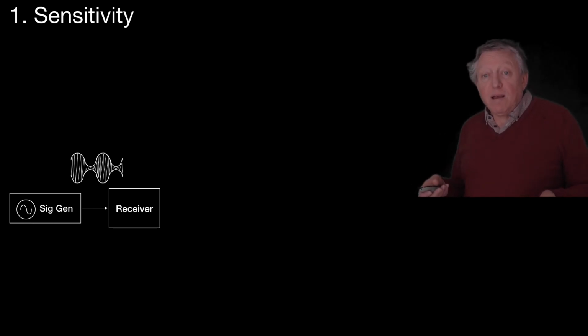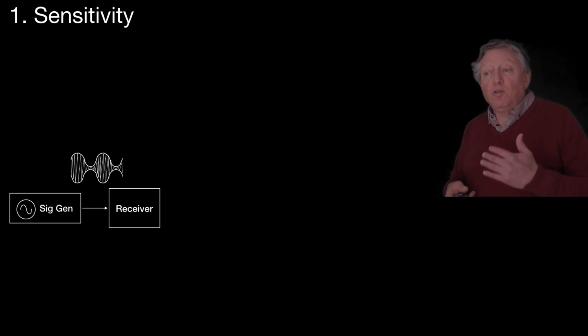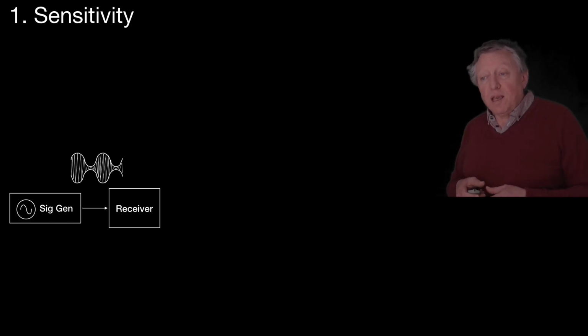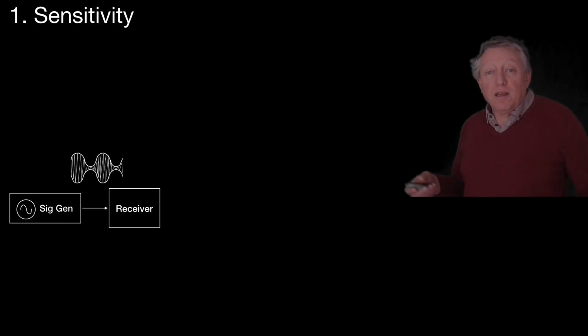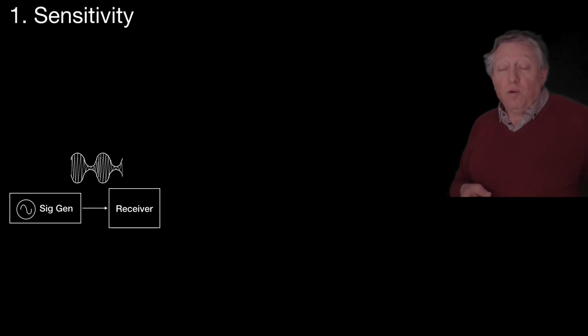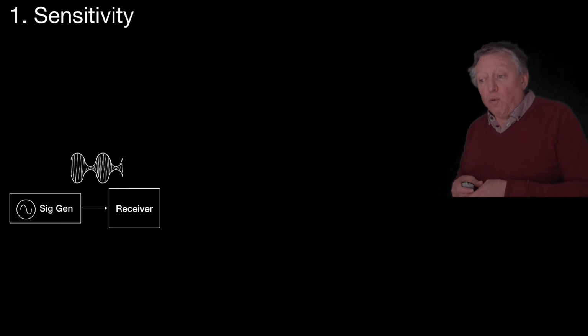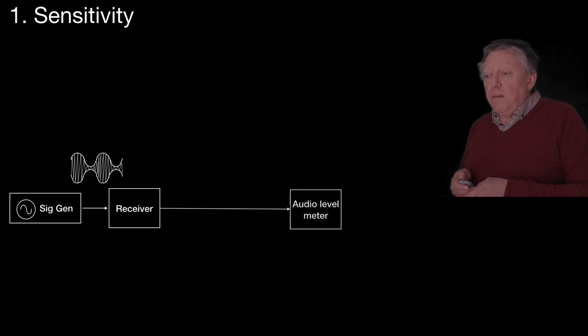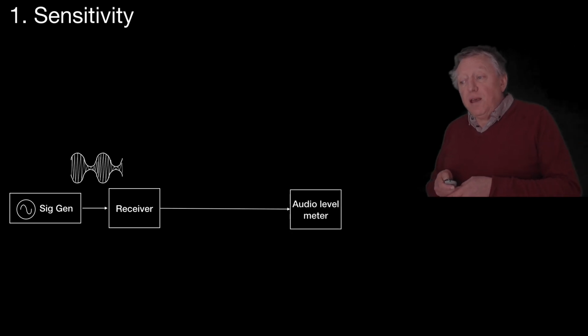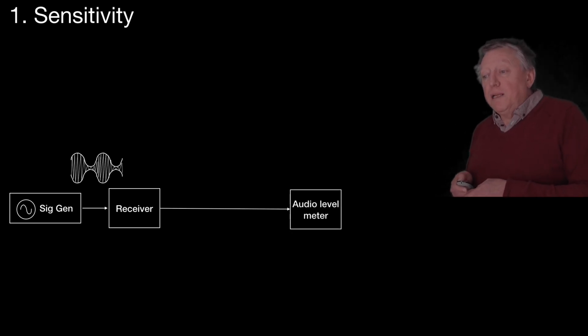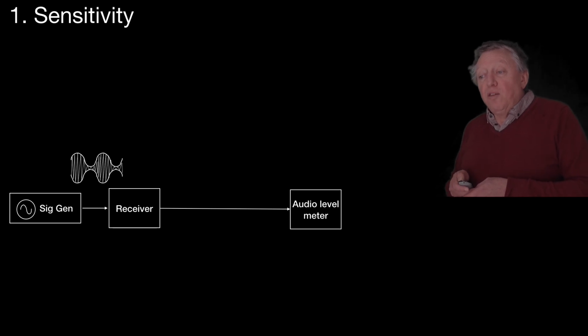That is the carrier modulated in amplitude by the audio signal. And that could be, say, a 1 kilohertz signal, which would be towards the middle of the band of audio that we're passing. If we took the output of the receiver and fed it into an audio level meter, that would tell us the signal level.